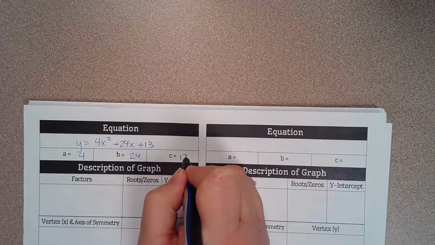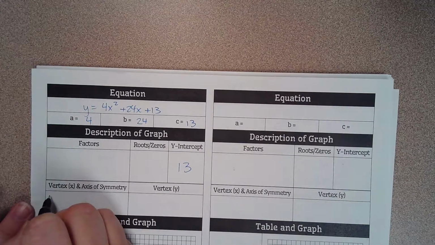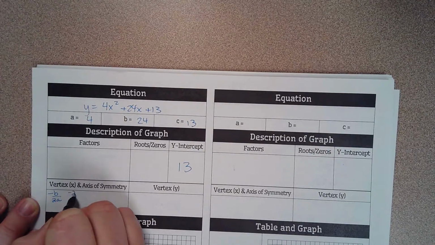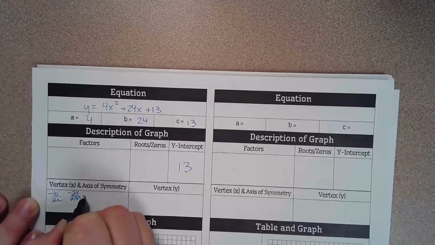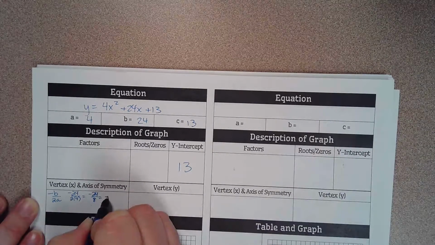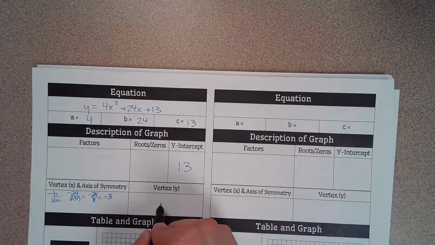So we have some bigger factors. And to get our vertex, like I said, we're going to use negative b over 2a. So I'm going to have negative 24 over 2 times 4, which is 8. So negative 24 over 8 is going to give me negative 3 for x. To get the y value, like I said, we already know it. It's going to be 13.